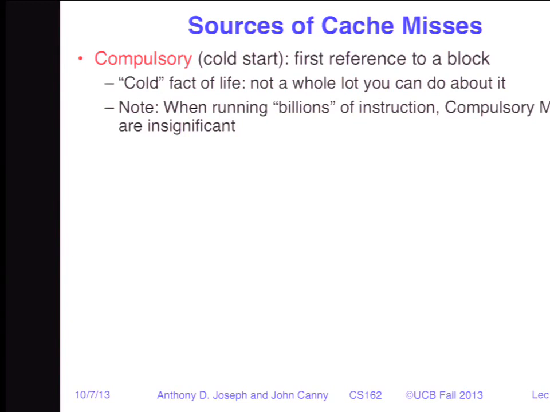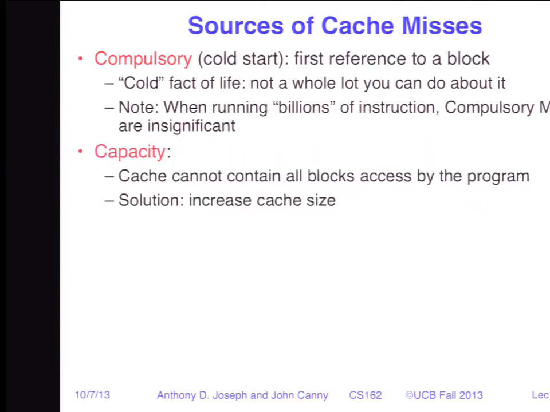So across a program's entire execution, we're never going to be able to have a 100% hit rate because of compulsory misses. Now, if we're running billions of instructions, cold start misses don't really matter, because they're going to happen in the beginning, and then if we look over a window of time, we could actually see 100% hit rate.